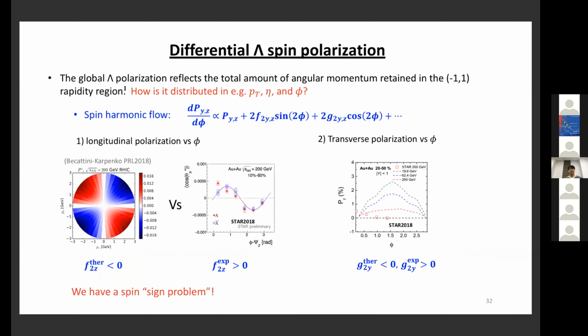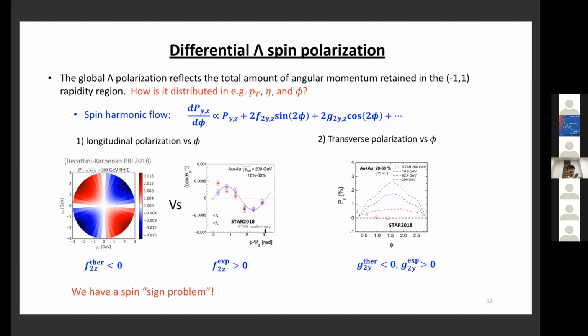The situation for the azimuthal angle phi dependence is even worse. So in the longitudinal polarization, Francesco and Becattini made some theoretical calculation, which found that if we decompose the phi dependence into different harmonics, the second harmonic coefficient F would be negative from the theoretical calculation.